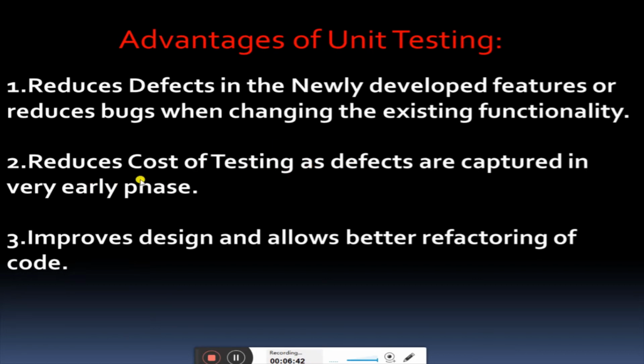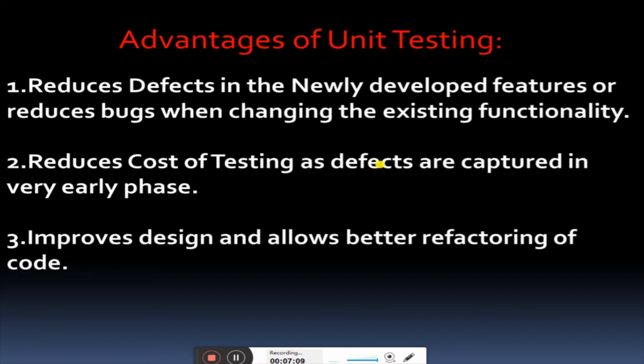Now, the second advantage of unit testing is here. It reduces the cost of testing as defects are captured in a very early phase. What is meant by this point? It can reduce the cost of testing. How? If we identify the defects early and correct them, then the defects will not come in the future.